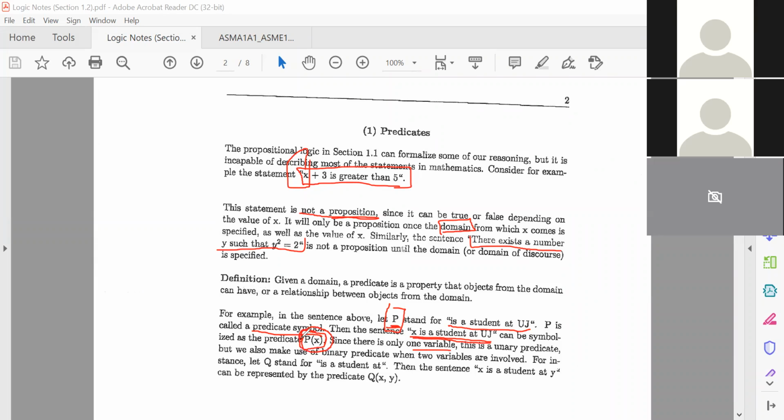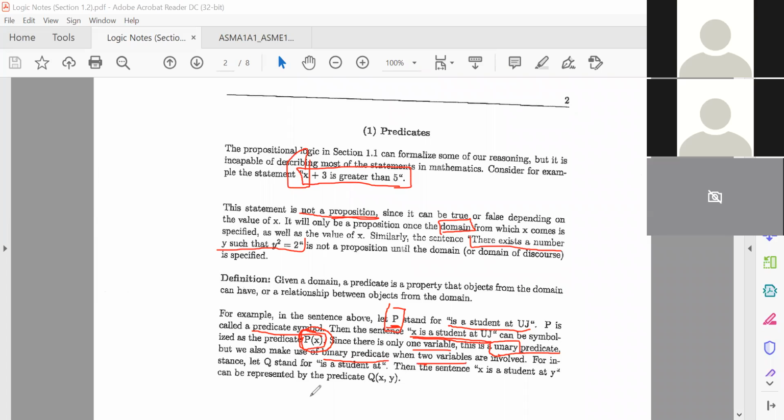P of x means I'm only talking of one variable, x. We call this a unary predicate. The word unary just means a predicate with one variable. But be careful, you can have a situation where you have more than one variable. In a case where we talk of a binary predicate, we're talking of two variables.